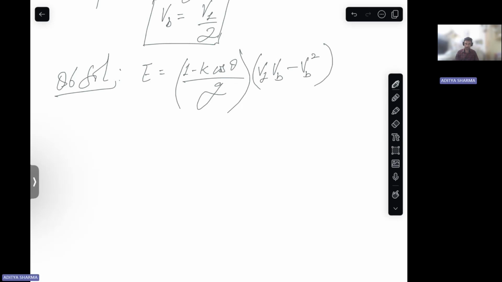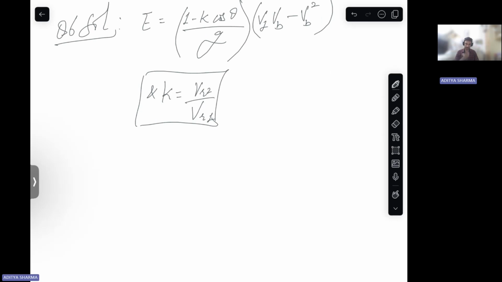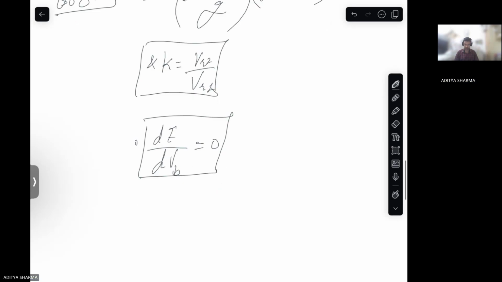G is acceleration due to gravity. K is your VR2 by VR1, where VR is relative velocity. This is called blade friction coefficient. To find the optimum velocity, we differentiate it with VB, and doing that we get VB equals V1 by 2.